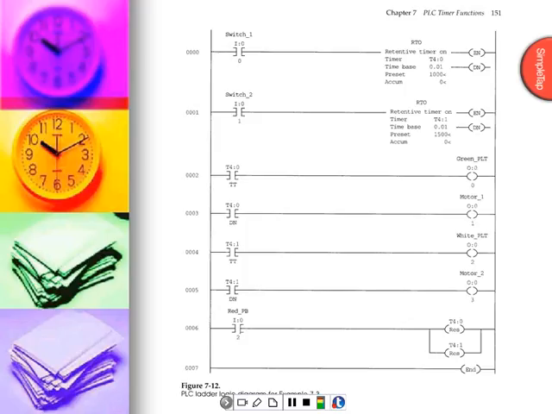I actually have to send a pulse to the reset coil. Very similar to the latch and the unlatch. If you don't unlatch it, what happens? It stays latched, right? If you've already latched it, it's going to stay that way till you unlatch it. Well, this is very similar to that in that once you've started that timer, it stays that way until you reset it.